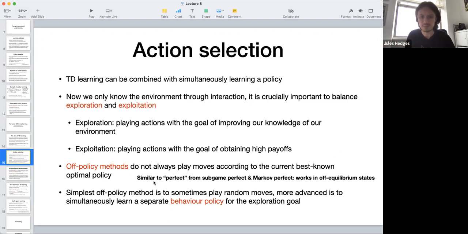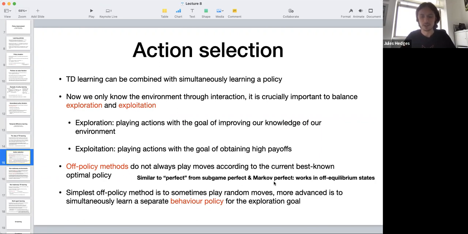So this is quite similar to the perfect, as in subgame perfect and Markov perfect equilibrium. In other words, this is going to work in arbitrary states off equilibrium, where equilibrium means on the path of playing the optimal policy. So the simplest off-policy method is to just sometimes play a random move.